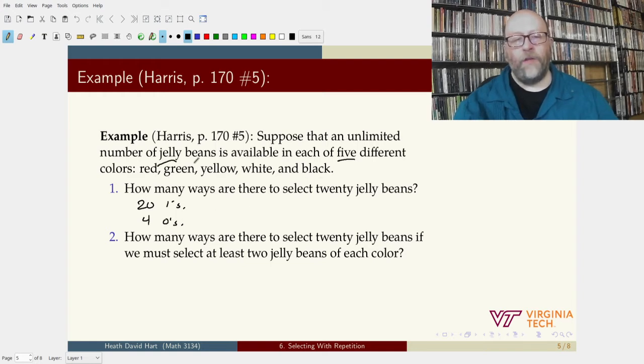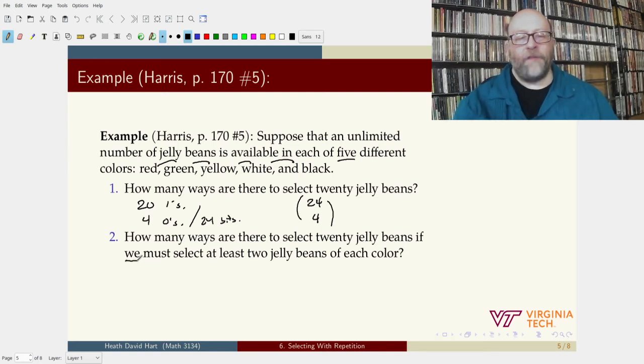We need the 4 transitions between the different kinds of jelly beans. And so that's going to be a total of 24 bits, in which we have to choose 4 of them to be zeros. Okay?